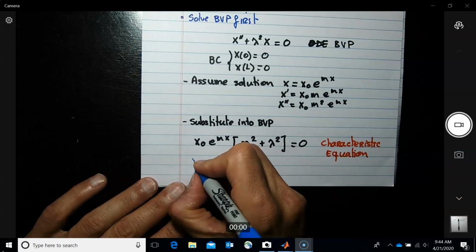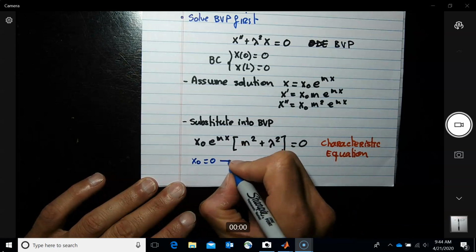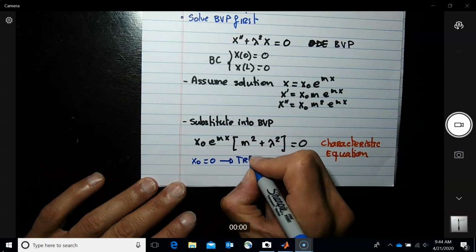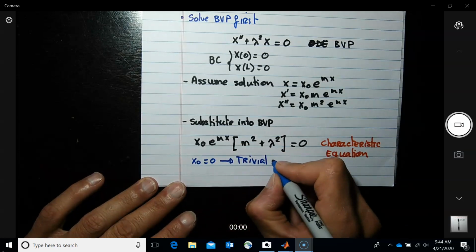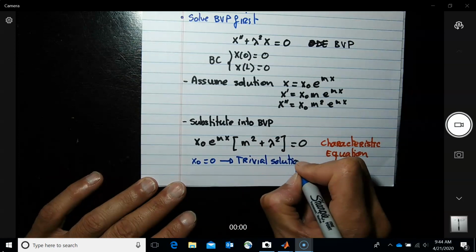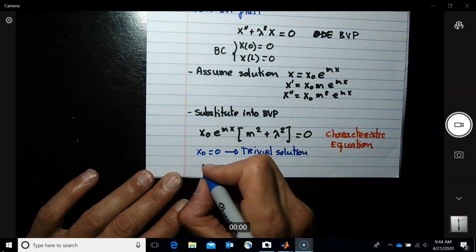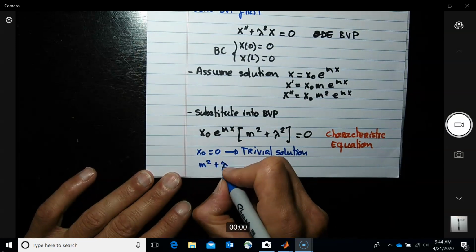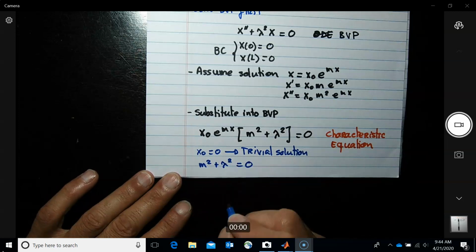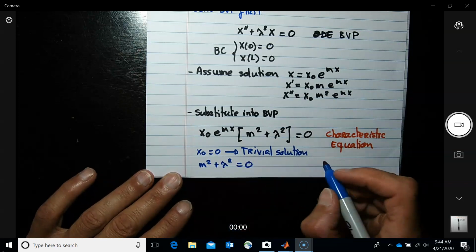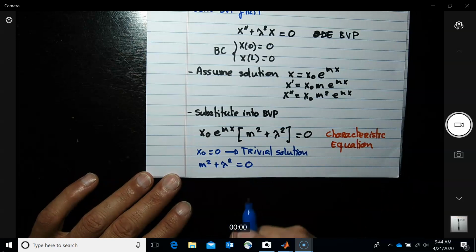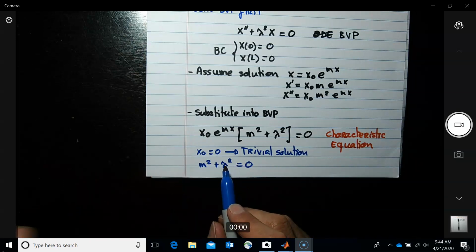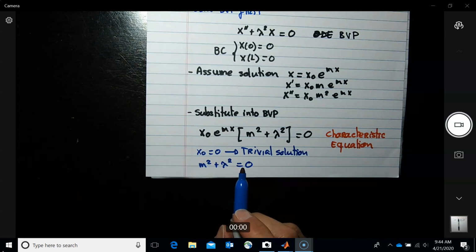So when is this equation satisfied? Either x sub naught equals 0, which yields the trivial solution which is of no physical interest, or when m squared plus lambda squared equals 0, which is what we are interested in. So now here we need to solve this equation, and we need to see what happens for different signs of lambda, as we did before.